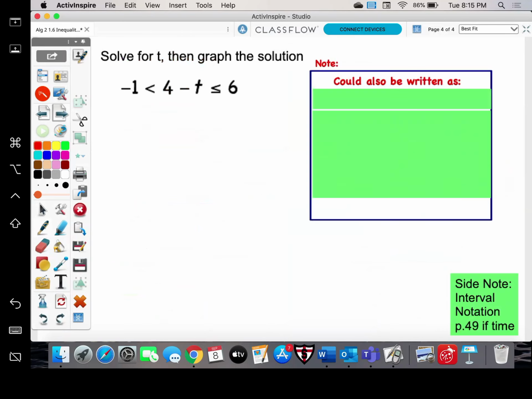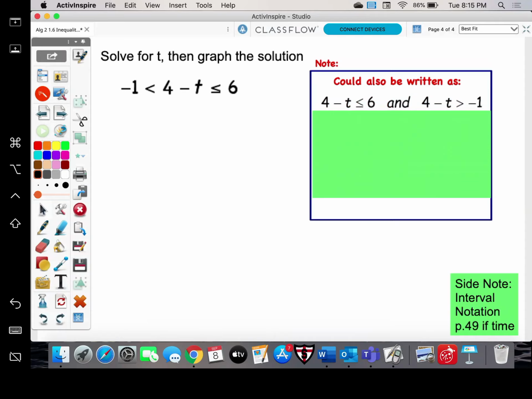All right, let's try one real quick. Okay, this inequality is an AND situation. When they're smooshed together, it could also be written like this over here on the right. So it is an AND situation. I kind of like them put together because then I can just work with it there and go about my life.